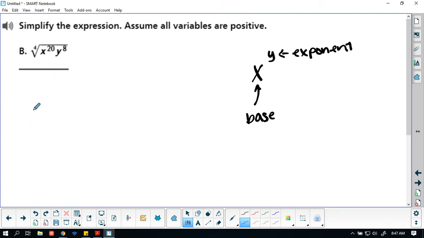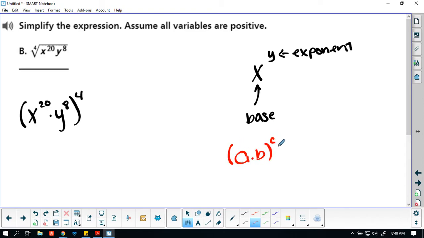Looking at this, I'm going to rewrite this as x to the 20th times y to the 8th, raised to the 1/4 power. Using the exponential property, a times b raised to c would give us a to the c power times b to the c power. I'm going to raise each to the 1/4 power, so x to the 20th to the 1/4.